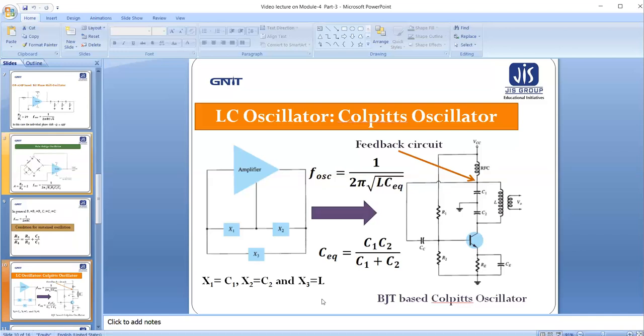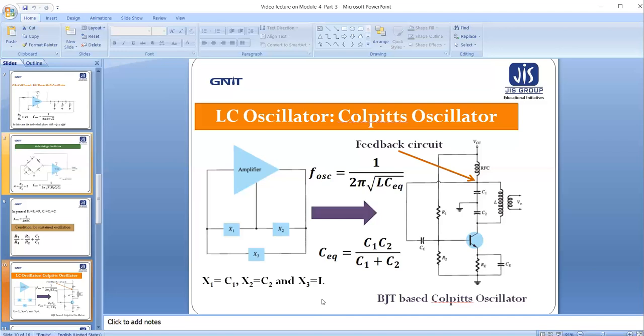So we are keeping two capacitors in series. The middle point will be the tap to the ground, and their series connection will be parallel with an inductor. So the feedback voltage will then go to the main amplifier.